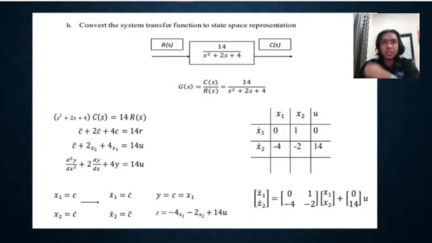The c double dot will be represented as negative 4x1 minus 2x2 plus 14u, and then we put it into the table to get the matrices, and the matrices will be as shown below.